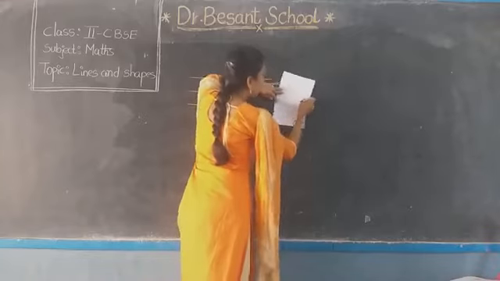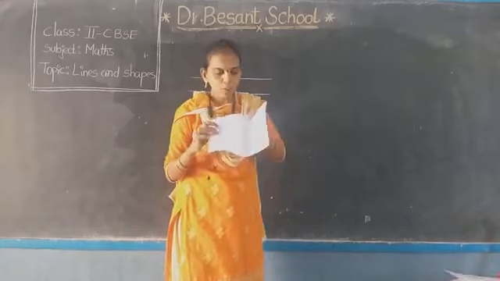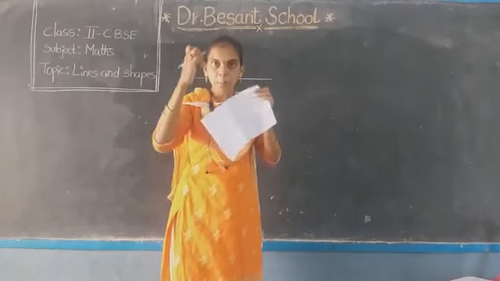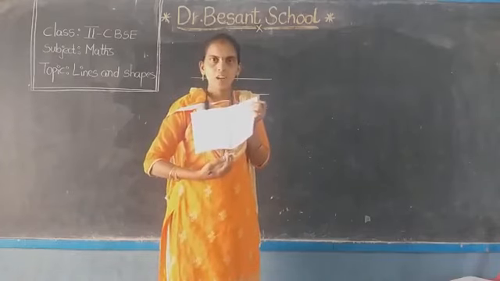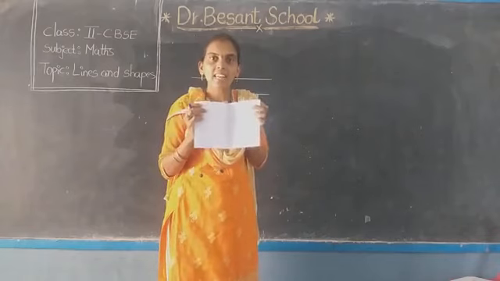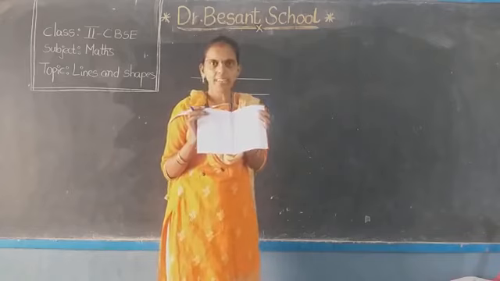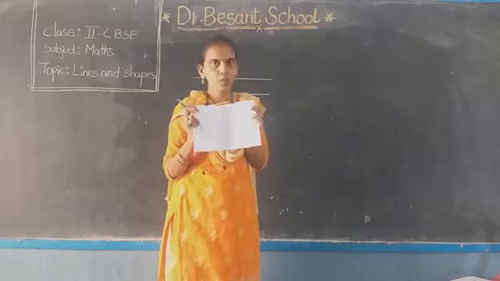I have drawn a line. See how straight it was? With your pencil only you have to draw along this. What have you observed? Yes, a straight line has been formed. So this is one method of drawing a straight line.